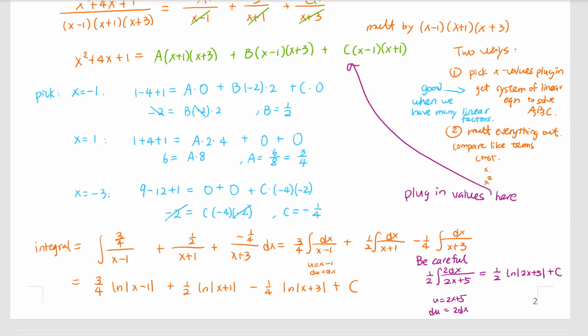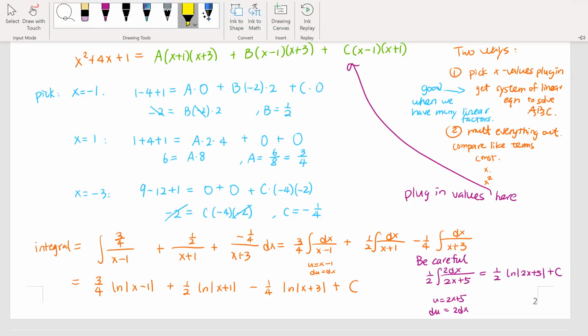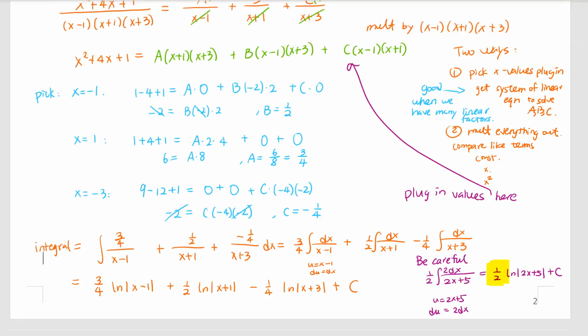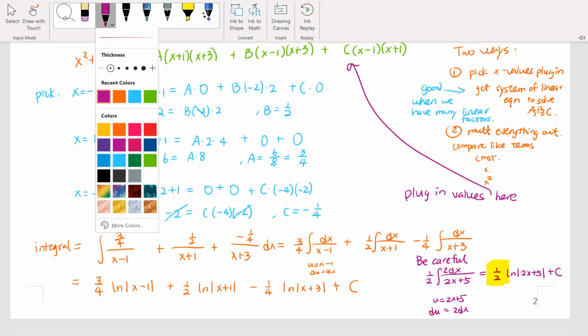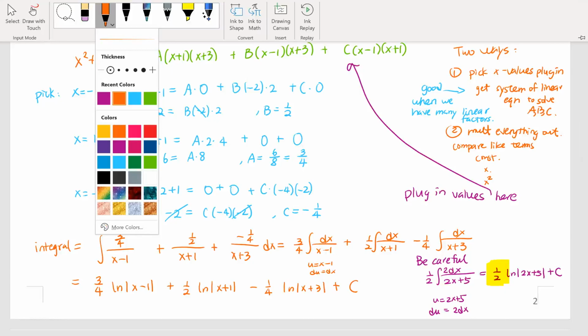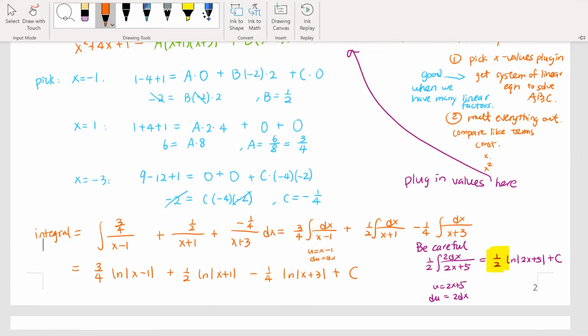So it's not always simply just ln of the linear factor. You might have some coefficients in front because your du might not be dx. So far, so good? Okay, let me highlight the 1/2. So be careful. So far, so good, everybody? Okay, so let's continue and work on more examples.